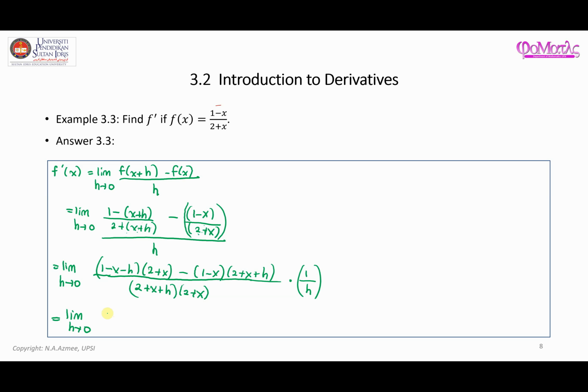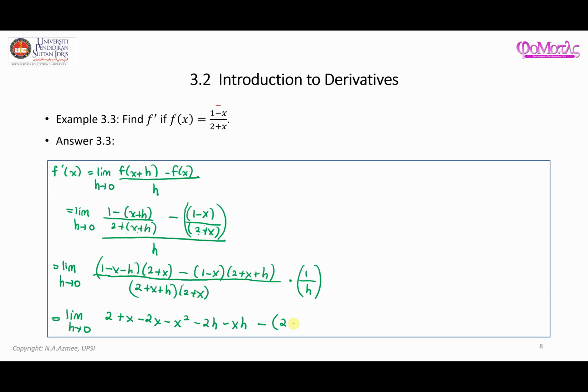So what we have now is the limit as h approaches 0. Here we have 2 plus x minus 2x minus x squared minus 2h minus xh. That's this one. And here we have a negative sign and a bracket, so we multiply all the terms.